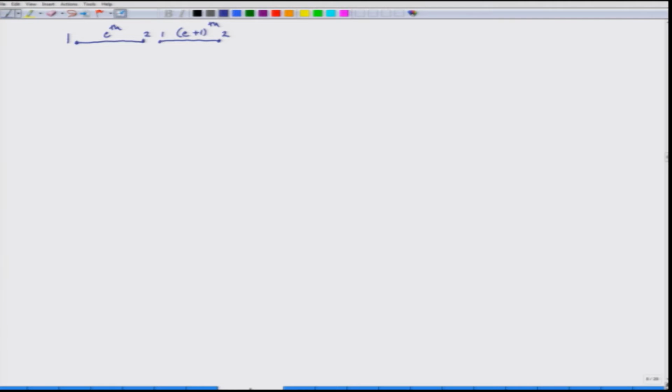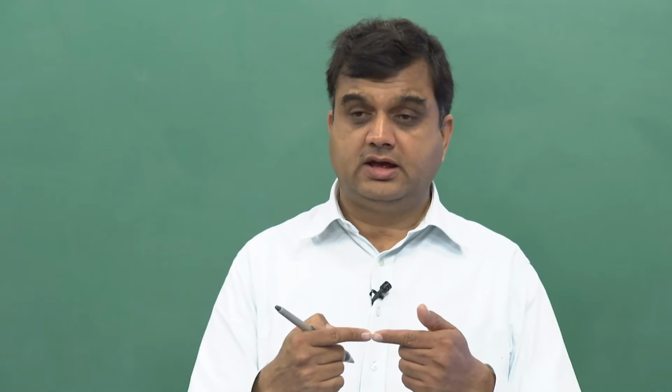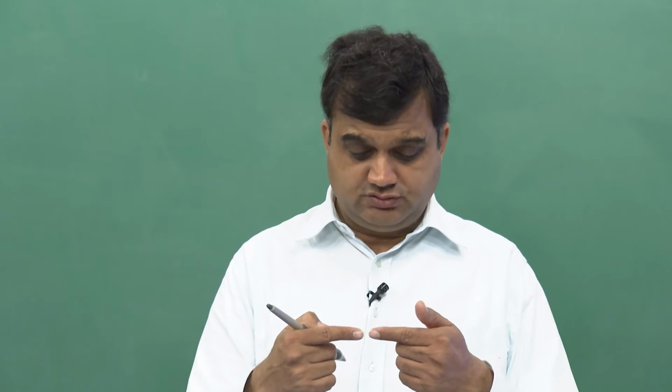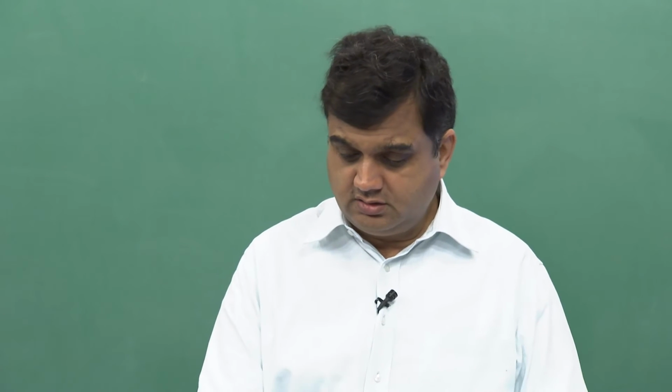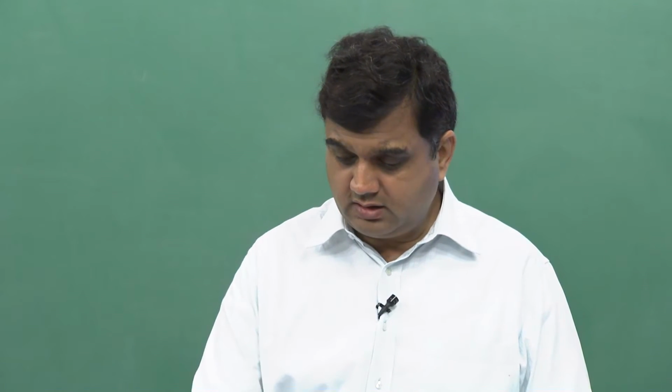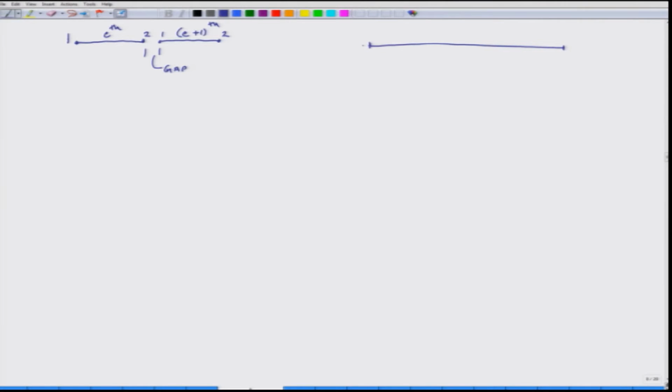In this picture, what I have shown is that there is a gap here, but in reality the gap is 0. The gap is 0 between these two elements because they are physically touching each other. So for instance, if I have a bar and break it into 3 elements, this is element 1, this is element 2, this is element 3.